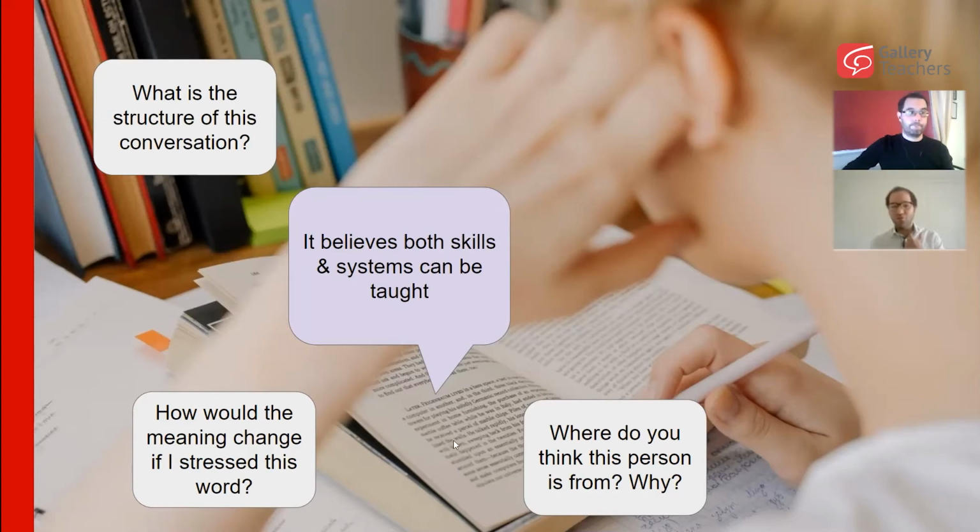And I think as an extension from that, how old are they? What do you know about them? We love questions like, what's the relationship between the two speakers? Because again, that opens up this idea of discussion of register and the language choices we make depending on our relationship to the person. And I think all of us who have taught for a while have probably had, especially written communication with students, in completely the wrong register, sometimes far too informal, sometimes far too formal.